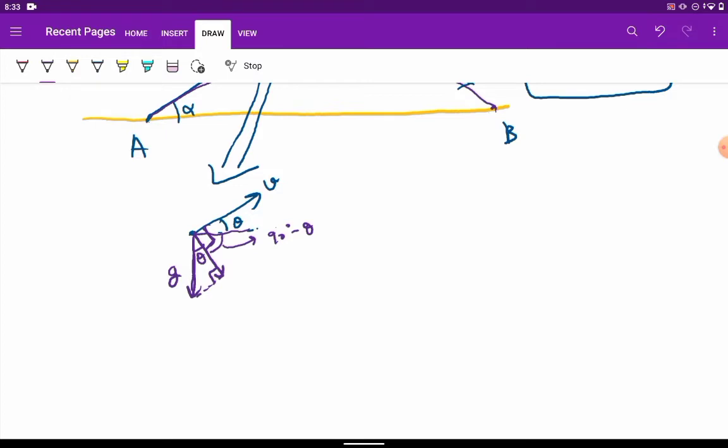So this over here, the normal component will be g cos theta, okay.